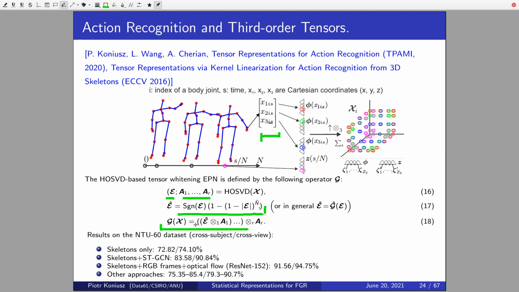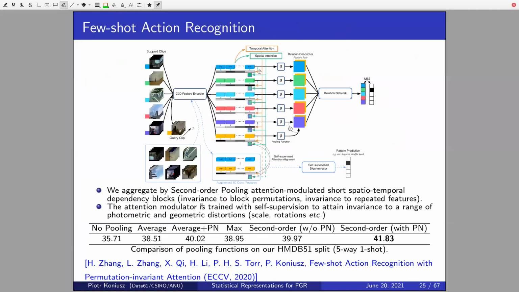One can reassemble the tensor and then perform classification. And again, just on skeletons, such a simple pipeline on NTU can give you 74%. Without this power normalization, the results, from what I remember, drop to 60 or below. And of course, those ideas apply to CNN combinations. One can get very good results by using this notion of power normalization.